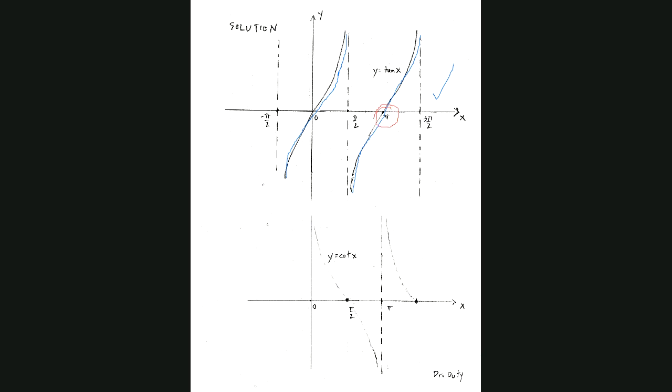Since the cotangent is 1 over the tangent, all I need to do is look at the tangent to help me graph the cotangent. Remember, the cotangent of x is 1 over the tangent of x.